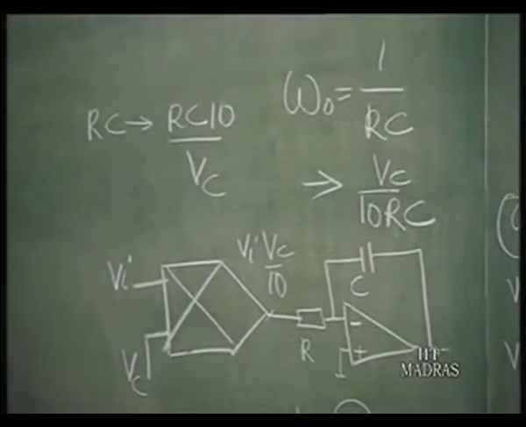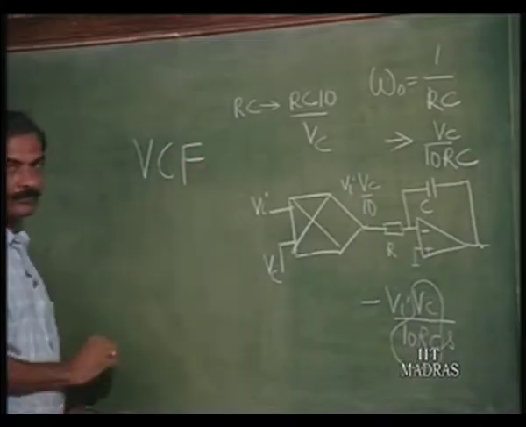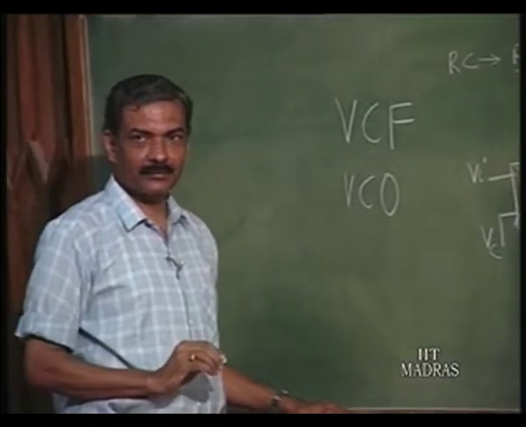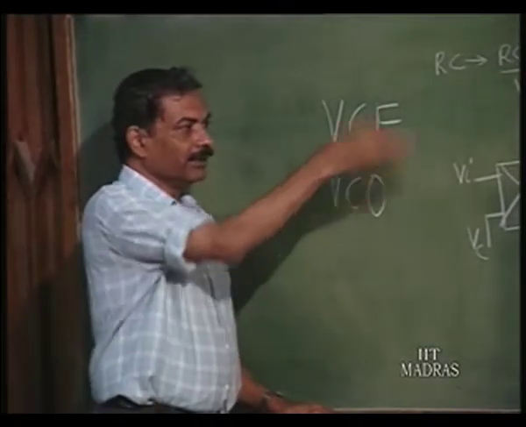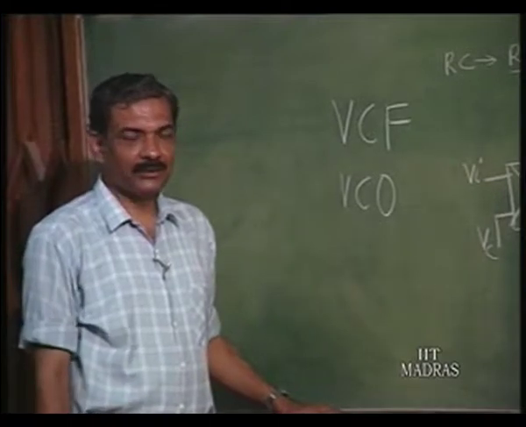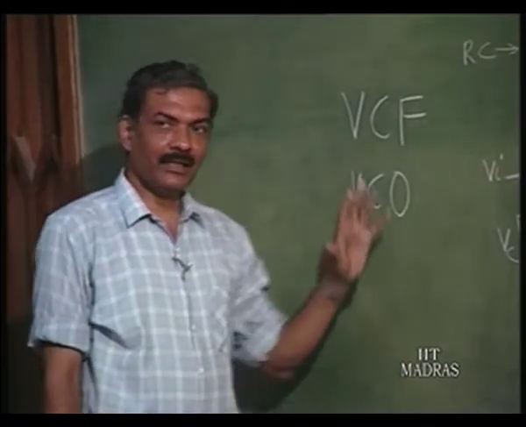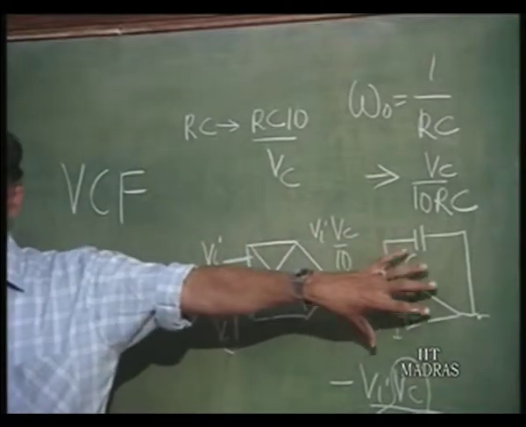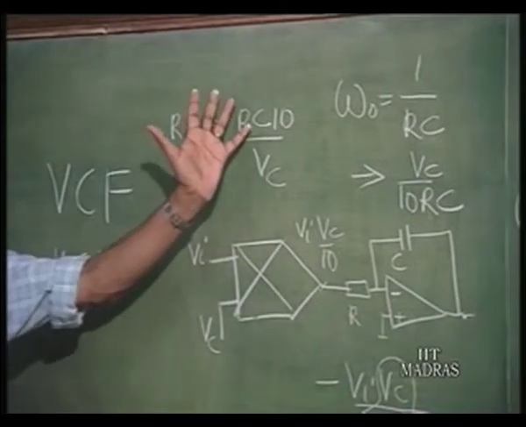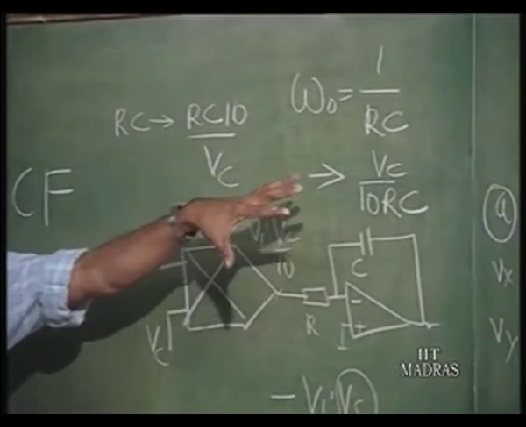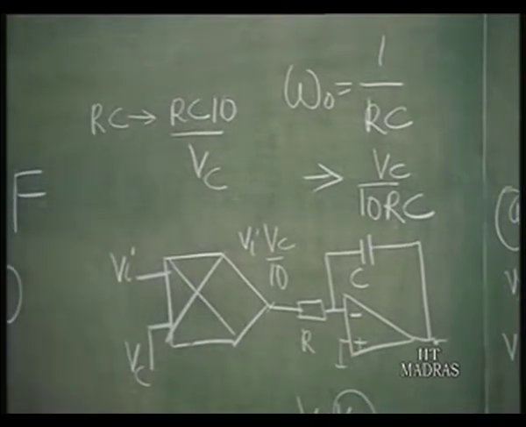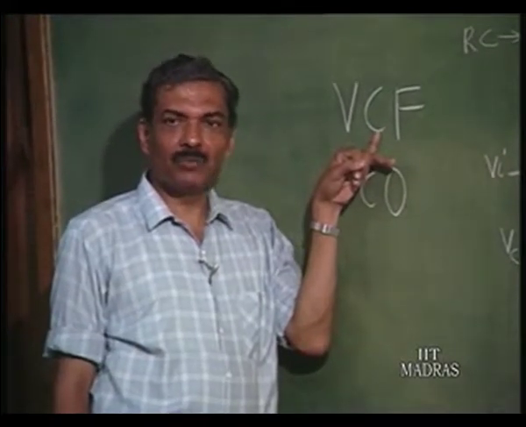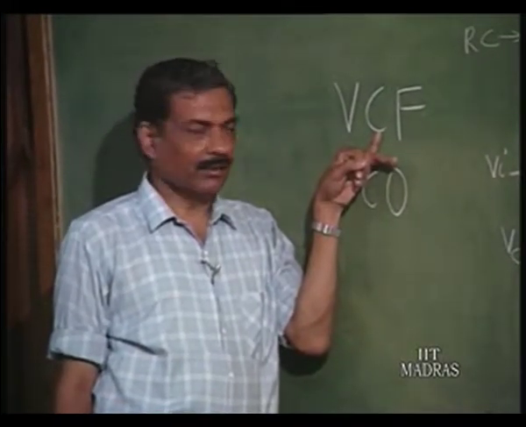That means I can build voltage controlled filters and linear voltage controlled oscillators using such a replacement of the integrator. Wherever an ordinary integrator is there, you replace it by a multiplier in combination with the integrator, then the RC time constants will be replaced by 10 RC by Vc, and all such circuits become voltage controlled. They can be used again in music synthesizers, programmable filters, and all these things.